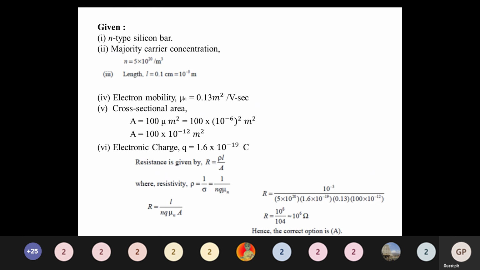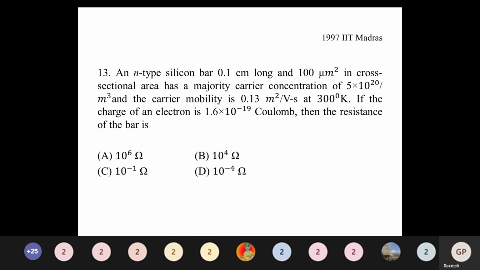Resistivity formula: rho equal to 1 by sigma. We need sigma to find the resistivity. Sigma equal to another formula, n q mu n. So rho equal to 1 by sigma equal to 1 by n q mu n. But here they are asking the resistance of the bar, not the resistivity.